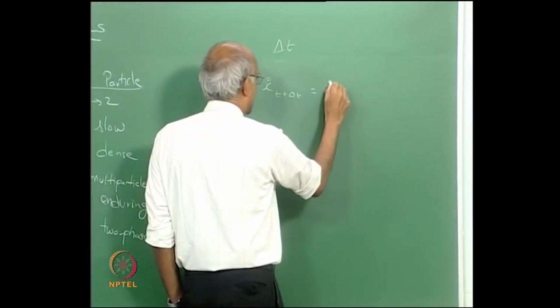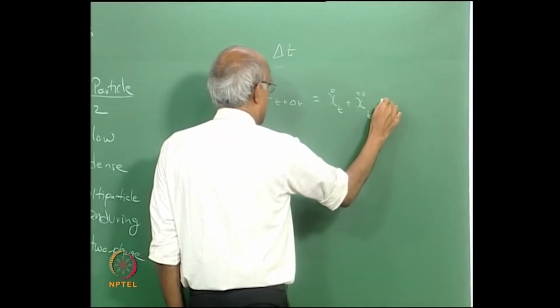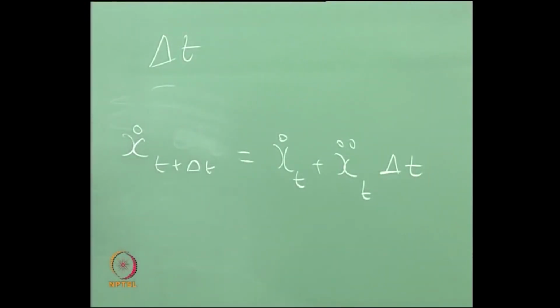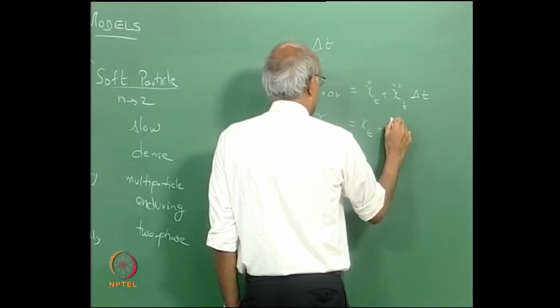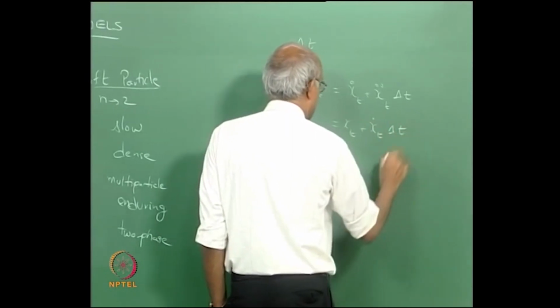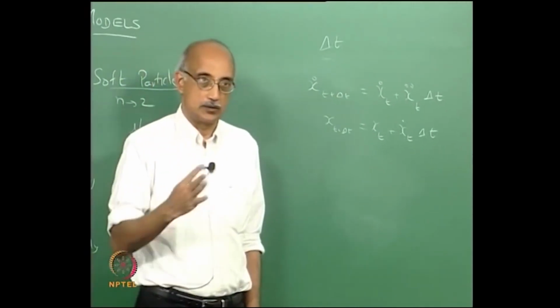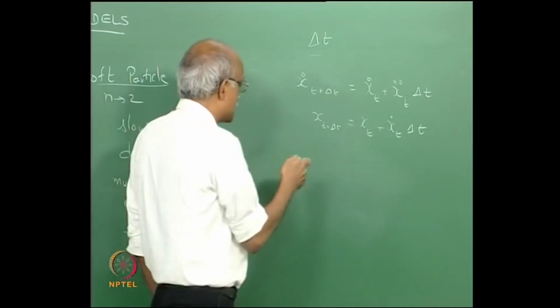This will be equal to x dot at t plus x double dot at t times delta t, in the simplest numerical approximation. And from that you can calculate x at t plus delta t equals x at t plus x dot at t times delta t, because this is forward differencing. You can also do central differencing or various types of approximations.